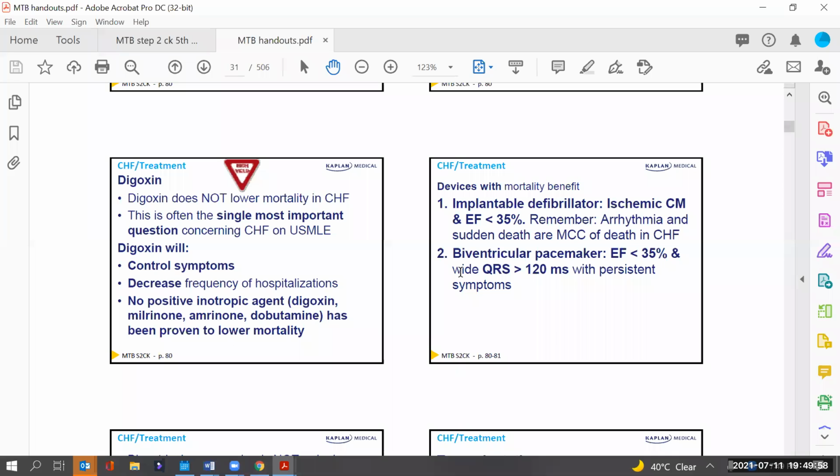This is one recall where it had both ACE inhibitors and implantable defibrillator, and they asked what would be the best suited option for long-term management. Of course, for long-term management, we will go for the implantable defibrillator. But if they're asking just to reduce the mortality, always choose ACE inhibitors.